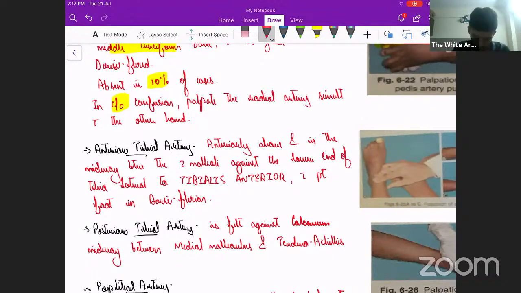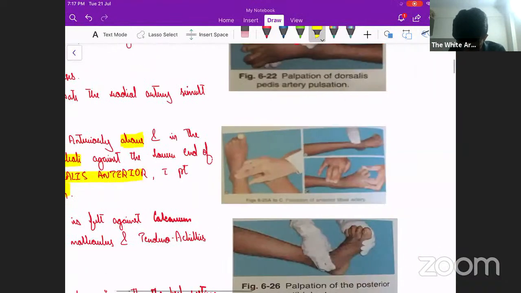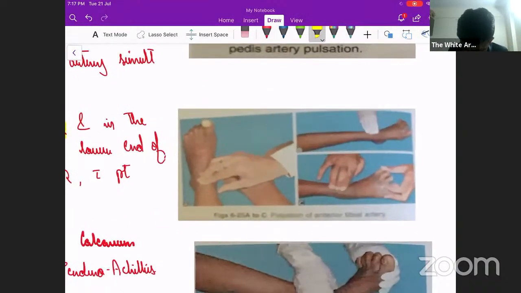It is described as anterior, above and midway between the two malleoli, against the lower end of the tibia, lateral to tibialis anterior, with the patient's foot in dorsiflexion. The same thing is shown: see over here, the foot is dorsiflexed, and in between the lateral and medial malleoli you measure with the three fingers.